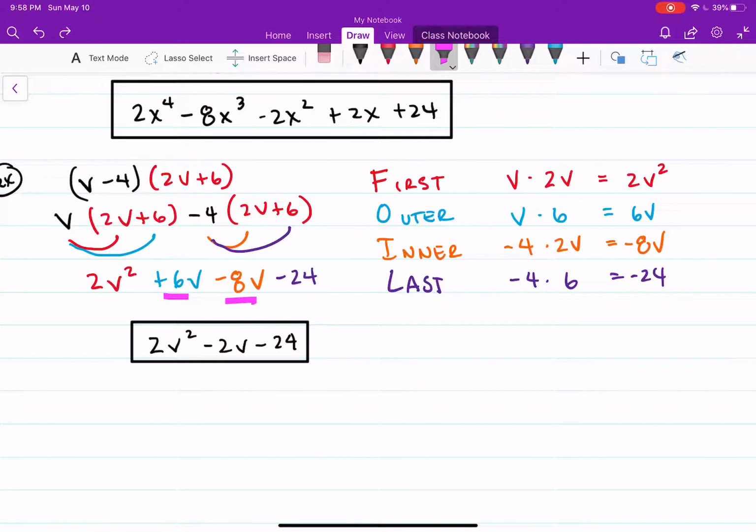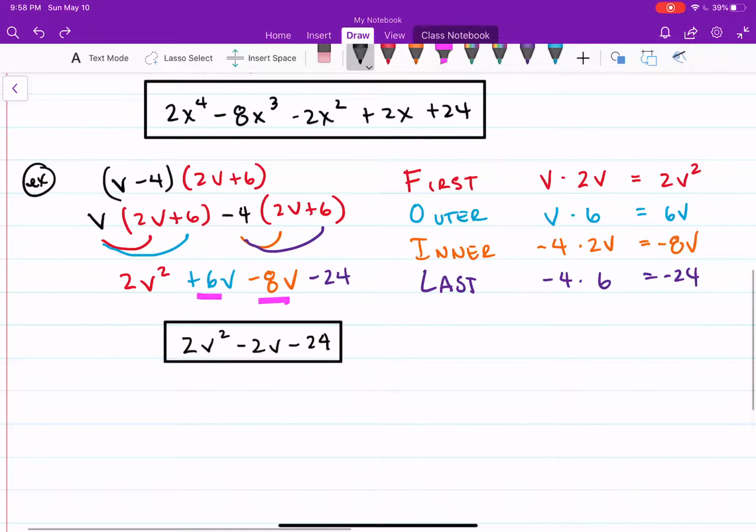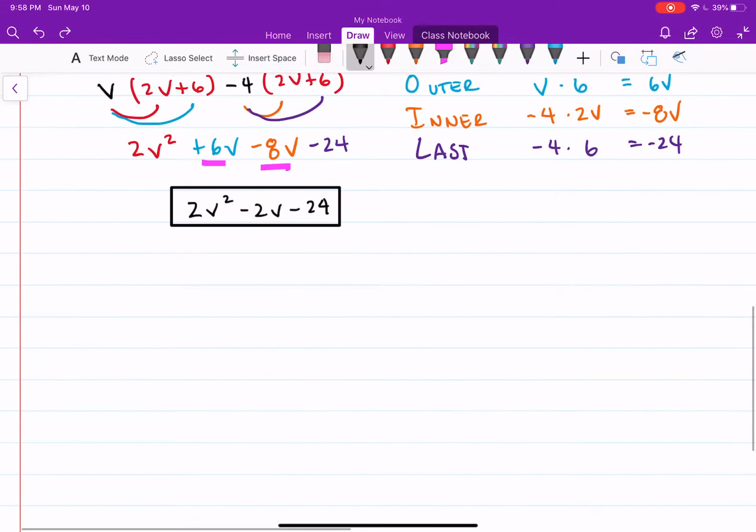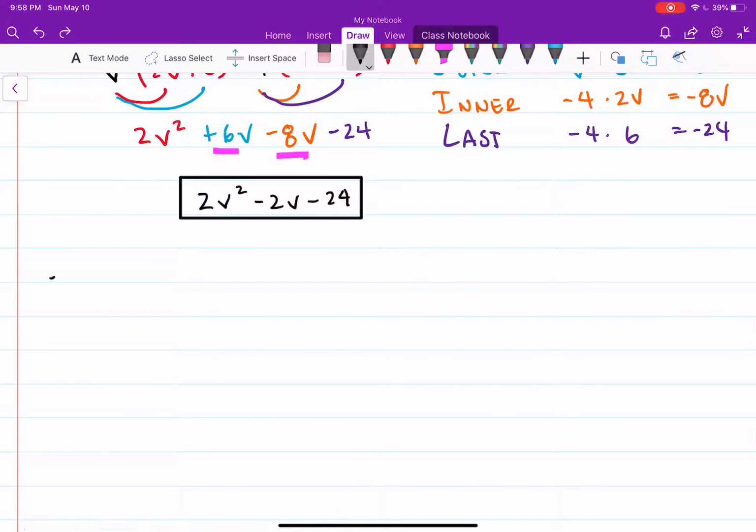So let's try another example. Ooh, this one I like a lot. This one is going to be a 9x plus 2 times a 9x minus 2, okay? There is a special name for this.